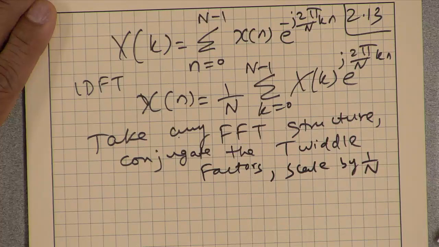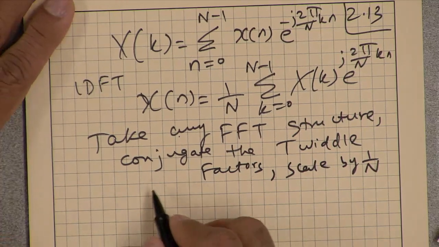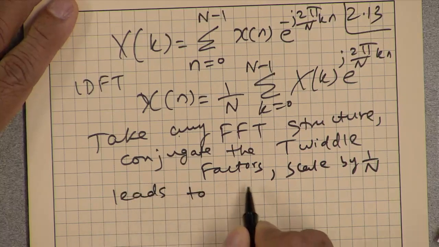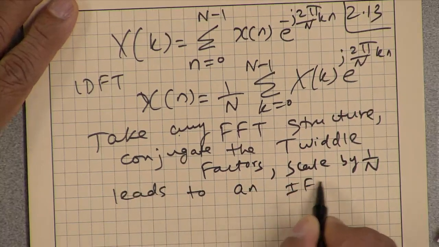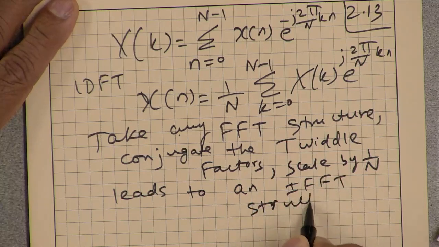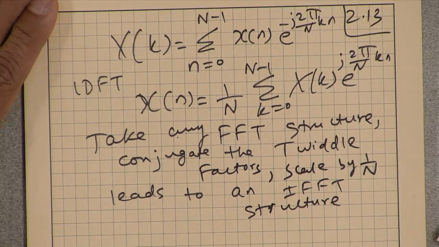So any FFT structure with conjugated twiddles and scaled at the end by 1 by N, N is a power of 2, so usually that doesn't mean a multiplication. Okay, so that's the IFFT structure. Again, you will get a little experience with this in the next homework.